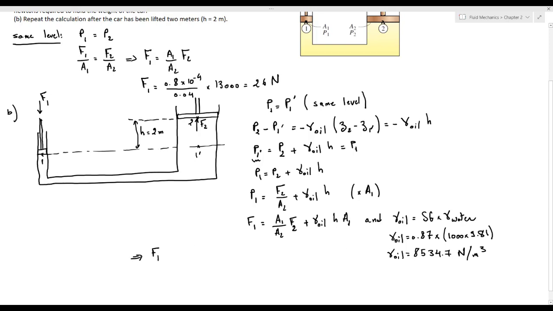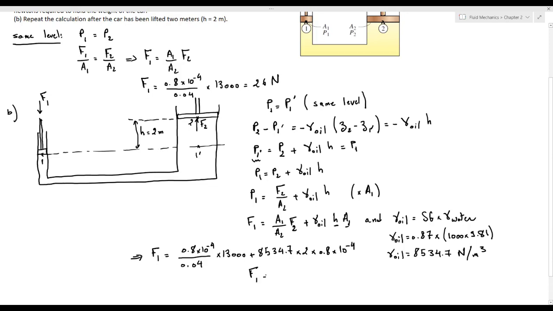So in this case, F1, we replace the numerical values. A1 0.8 times 10 to power minus 4 over A2 0.04 into F2, 13,000, plus gamma oil 8,534.7 into H, 2 meters, into A1, 0.8 times 10 to power minus 4.